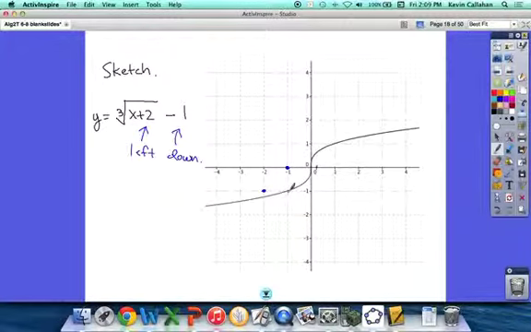We had the point -1, -1. So we'll go left 2, down 1. And then maybe use these as a guide. We're trying to make a shape that looks something like this. So does it look close enough for government work, as they say? Yeah.